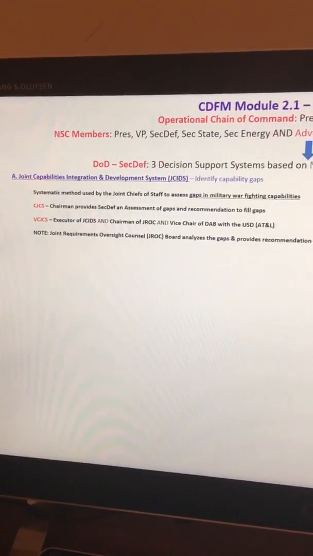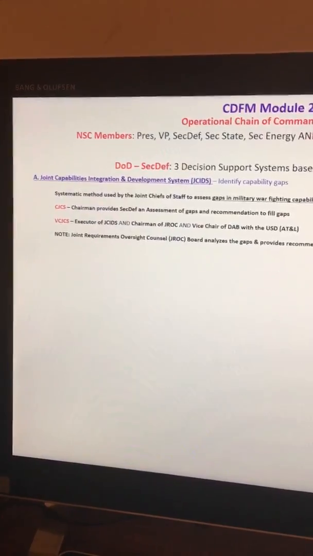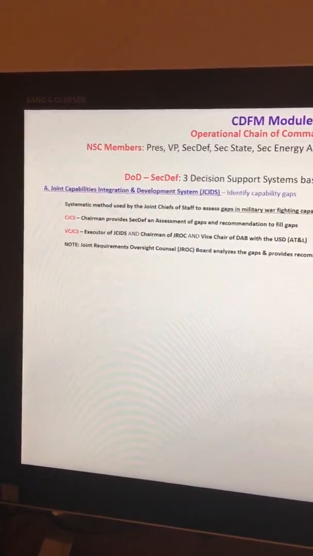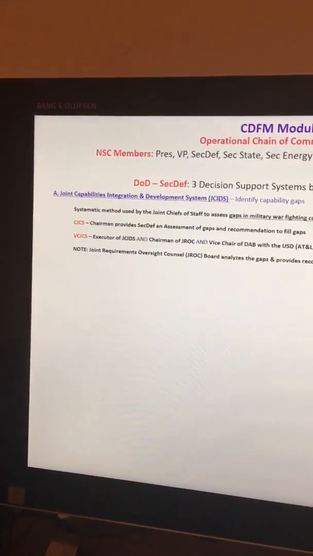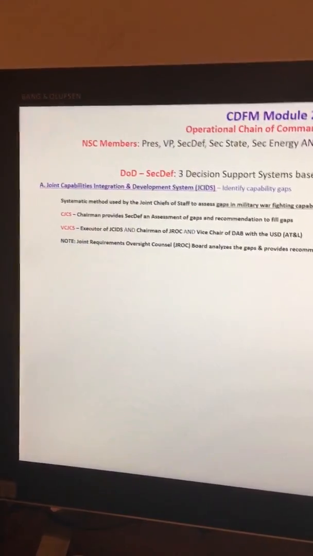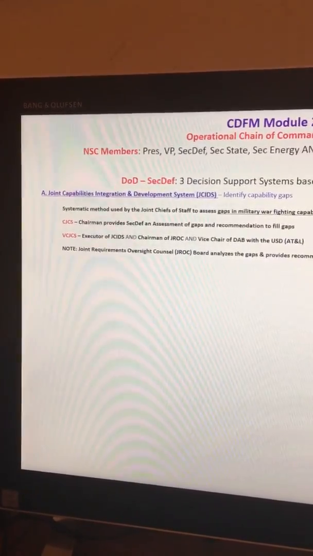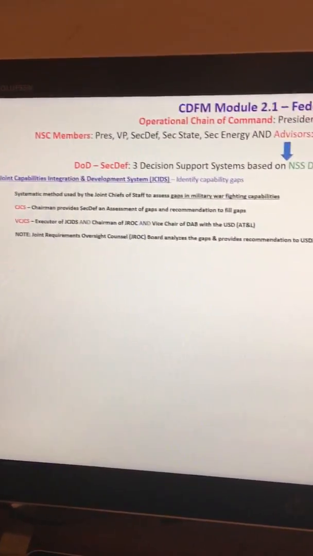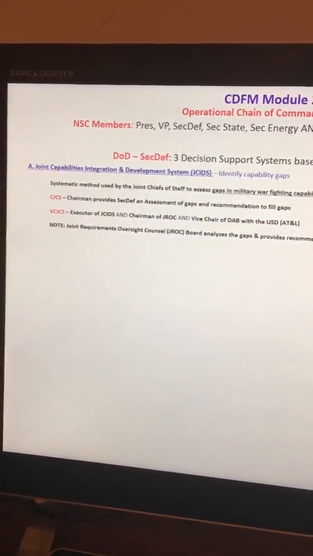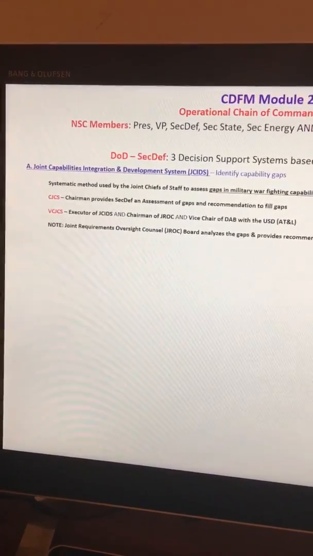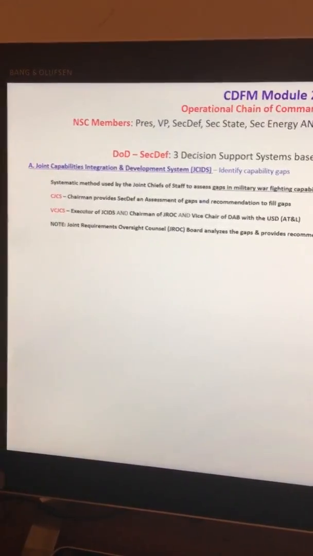So the first system is, once DoD determines what the defense strategy needs to be, that's your civilian. So now your chairman of the Joint Chiefs of Staff and the other Joint Chiefs of Staff need to determine what the military capabilities are, and they need to identify any capability gaps. So that system that is used to identify capability gaps is the Joint Capabilities Integration and Development System.